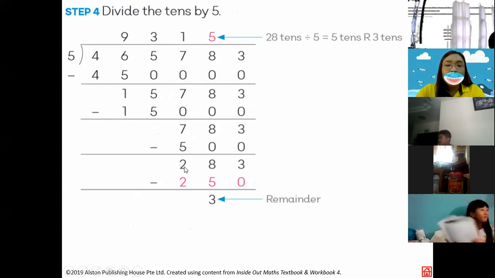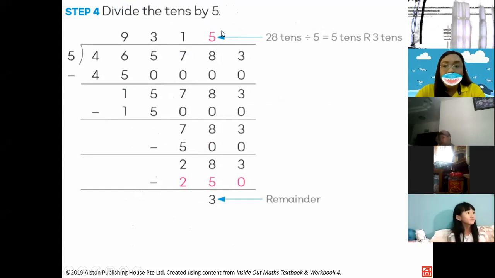Now we divide 28 by 5. 28 divided by 5 is 5. And 5 multiplied by 5 is 25. So now we subtract 25 from 28, that's 3. So the new remainder now is 3.